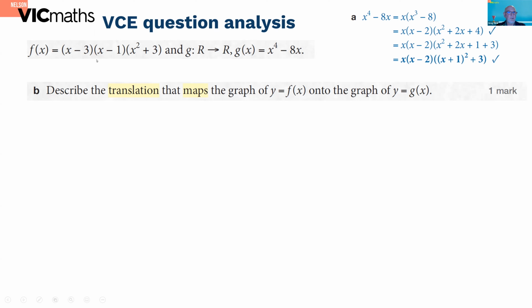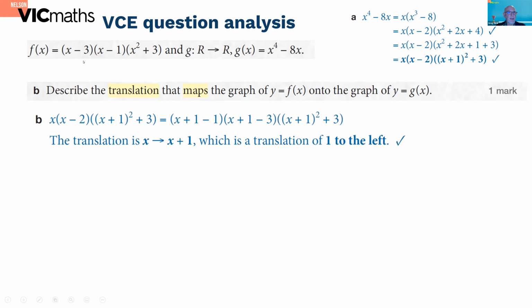So let's see if we were to replace all the x's in f of x with x plus 1. So x plus 1 take 3, that would make x take 2. So that's in g of x. And if I replace the second bracket and make that an x plus 1, that would be x plus 1 take 1, that's x. So we can see that changing x into x plus 1 would end up giving us the g of x function. And if we change x to x plus 1, that actually translates the graph 1 unit to the left.